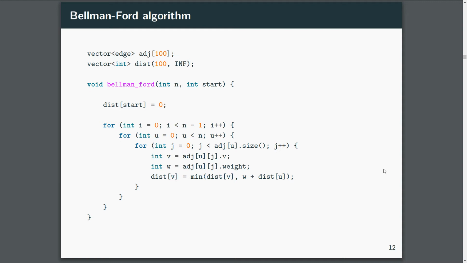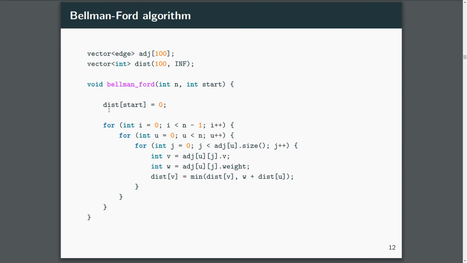We have the Bellman Ford algorithm. So here we do n-1 iterations, and in each iteration we update the distance to each node.